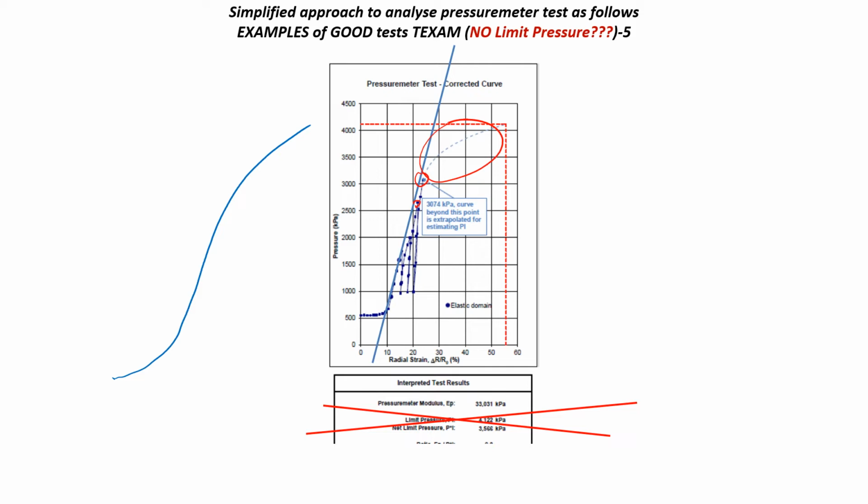And I would not trust this curve beyond this point, because you can see it's all sitting on the same line, the same linear elastic zone. I do know this specific file used some functions. And by the way, this is the biggest problem. When you start using functions, you have to be very careful, guys, because a function is dummy. Input garbage, output garbage. It's exactly a good example of that. So I wouldn't trust this dashed line. Okay.